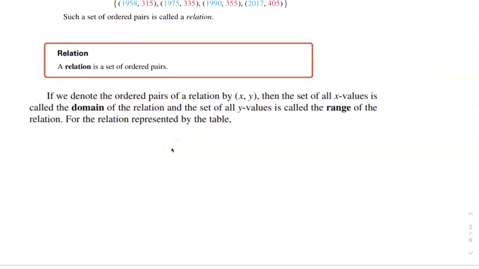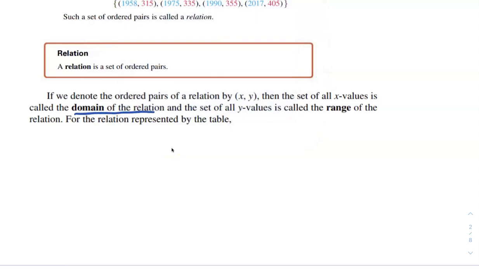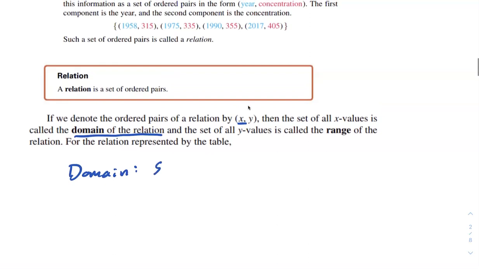Now, when we talk about a relation, we can break it up into domain and range. The domain is all the x values, or the input values. So my domain of our relation from above would be the years: 1958, 1975, 1990, and 2017.